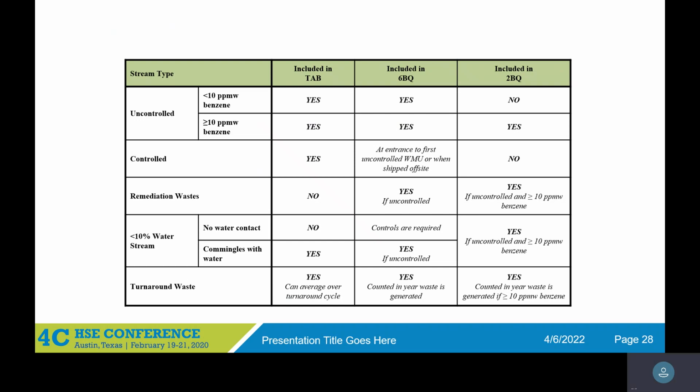Stream E is an uncontrolled groundwater stream, the first uncontrolled groundwater stream, 15 ppm, greater than 10% water. So I'll go ahead and tell you, A is less than 10%.